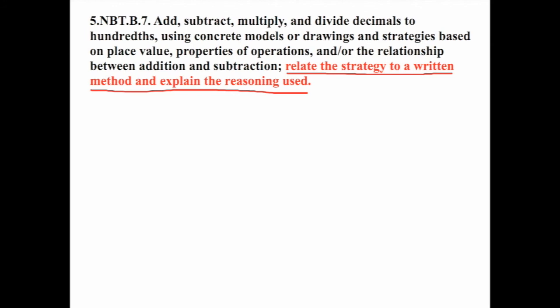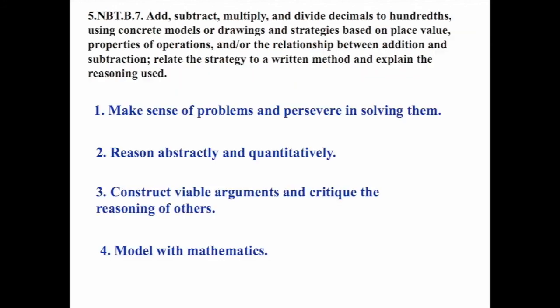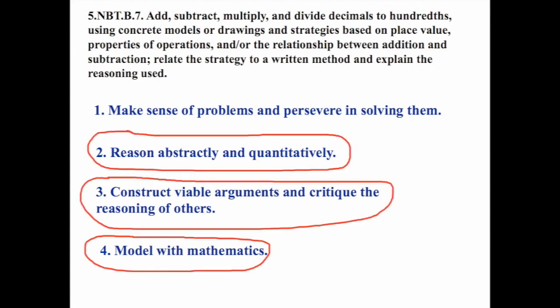The last part of the standard, we've been pretty much doing this all along. We've been relating the strategy to a written method and explaining the reasoning used. As far as the standards for mathematical practice, if we look at the first 4 and then connect that back to the activities that we have done here, we have done 2, 3, and 4. We've reasoned abstractly and quantitatively. We've constructed viable arguments and critiqued the reasoning of others. We've modeled with the mathematics.